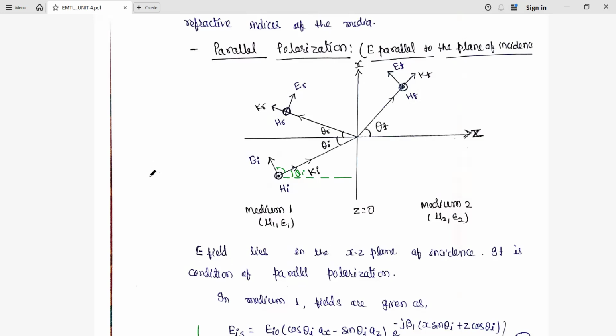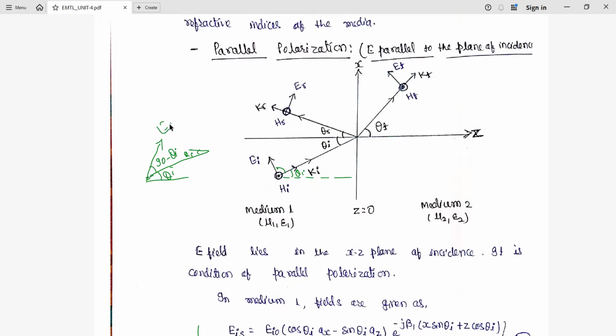In that condition, the vector looks like this, the electric field. This angle is theta_I, this angle is also theta_I, and this angle will be 90 minus theta_I.